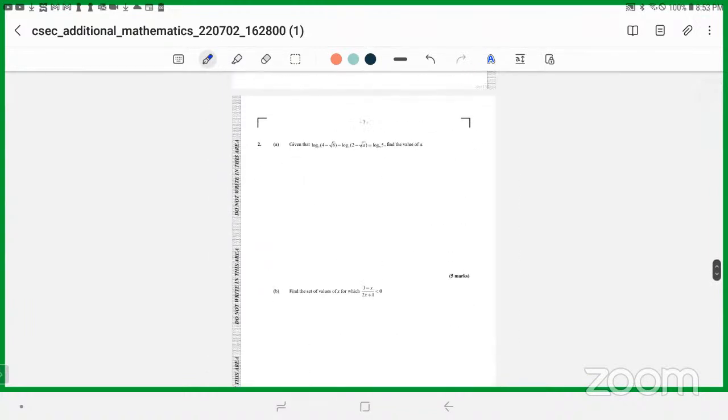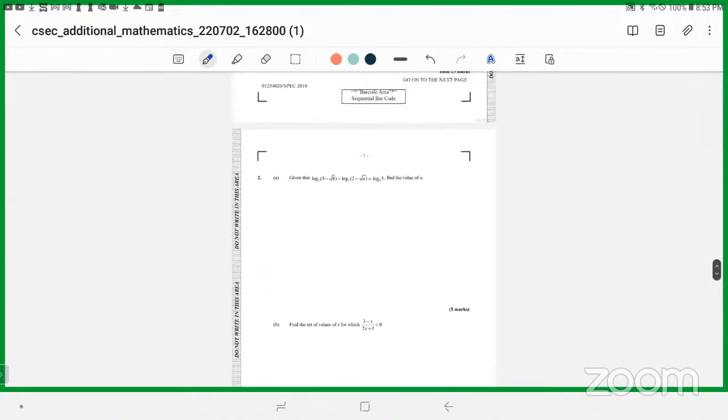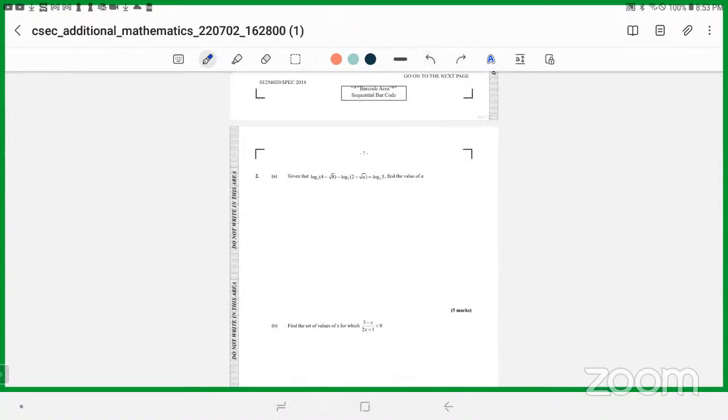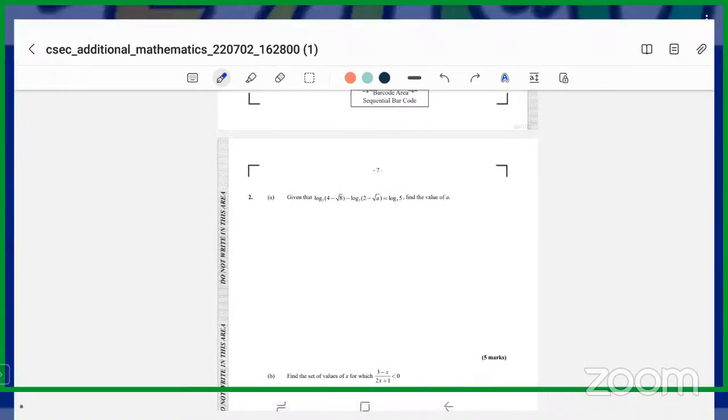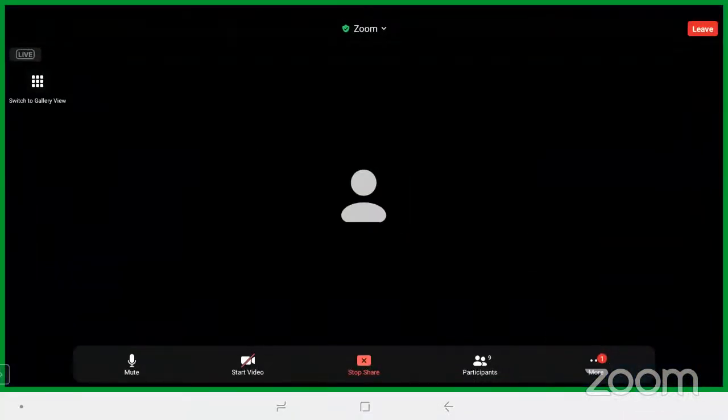So the topic I'm going to look at next is either logs or inequalities. Let's do the logs. Give me 1 second.